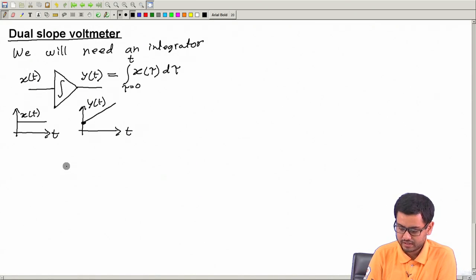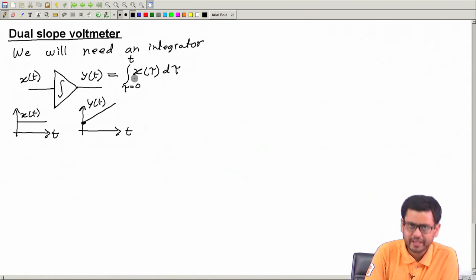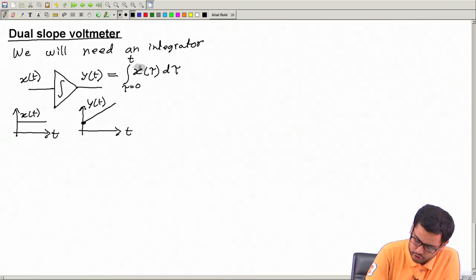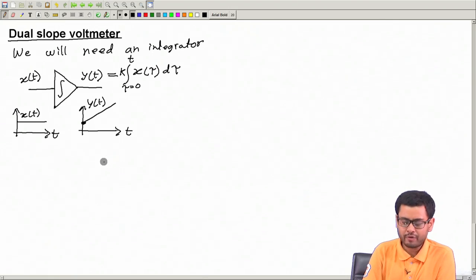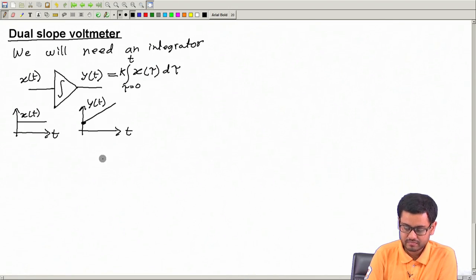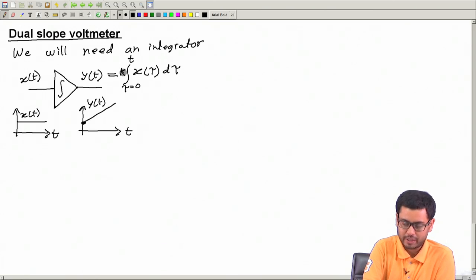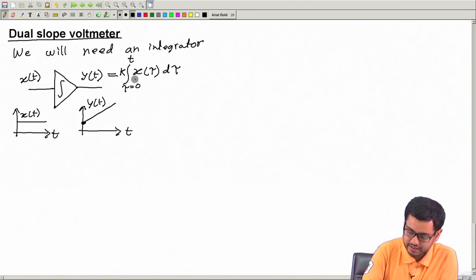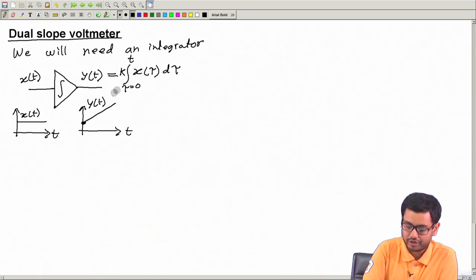In general, we can also have an integration constant. The output can also be multiplied by some factor k. So, it is just a multiplication. It is possible that the output is k times x integrated over time.